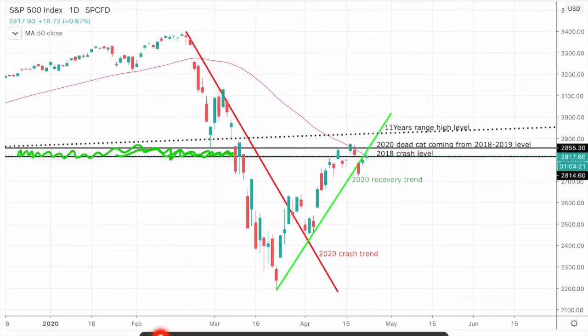Then we have a recovery, that's the green line over here, all the way from the all-time low up to the lowest part over here, you see it there. And you see the existing price now at this point, so it's just sitting on the 2018 crash level. In fact, the whole zone is just a couple of hundreds of points of the S&P.